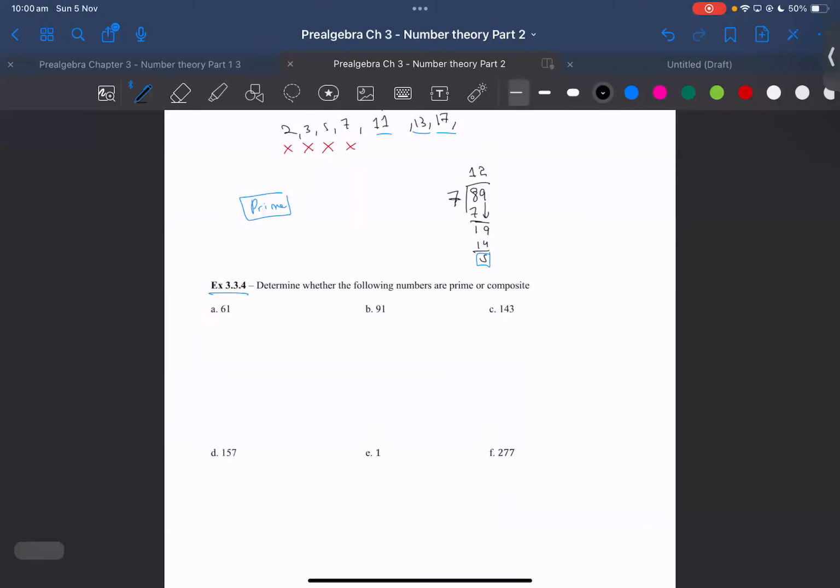We'll do A, C, and let's do F. You only need to do A, C, and F, but if you finish early, do B, D, and E as well.